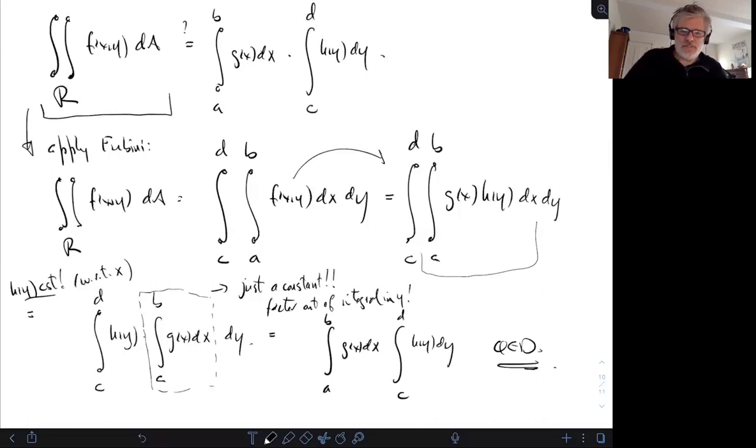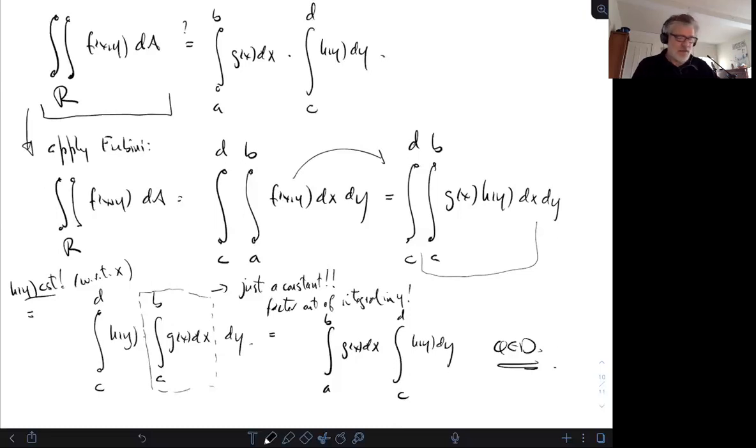If that looked mysterious to you, and you said, oh wait, there's a trick, no, there's no trick, really. We're just applying Fubini, and we observe that because the function is a product of a function of x and a function of y, things magically happen.